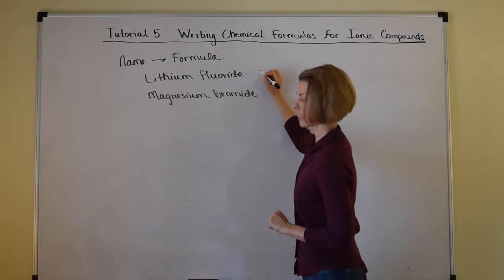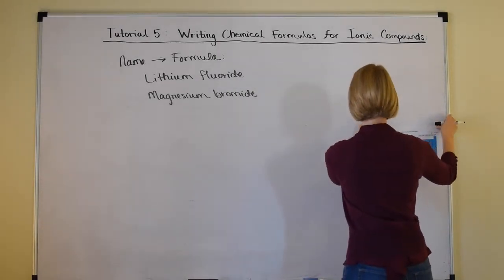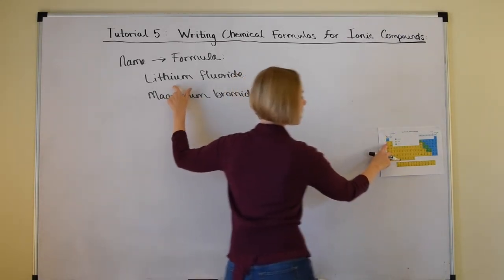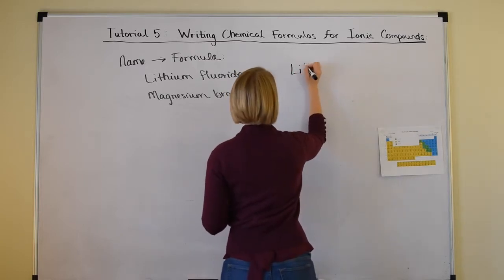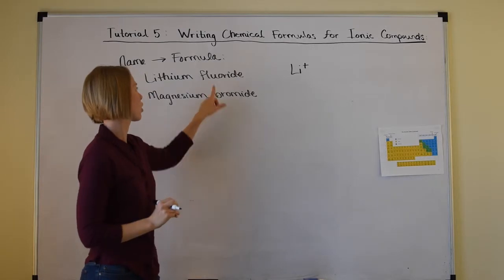All right, so in this case, let's take a look at our periodic table. Put it right over here. Okay, lithium is a group 1A alkali metal. Okay, so lithium is going to have a 1+ charge as a cation. So lithium ion has a 1+ charge.